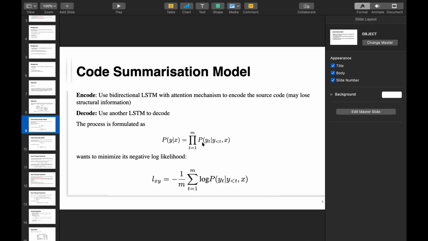By converting this formula into the loss, we get the negative log likelihood loss function, as shown in the bottom.